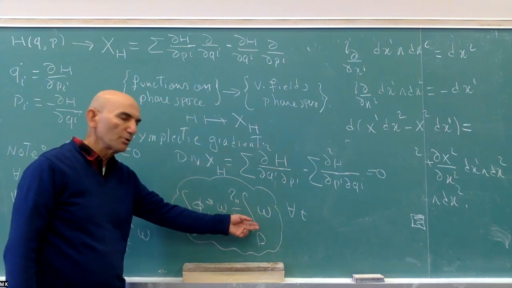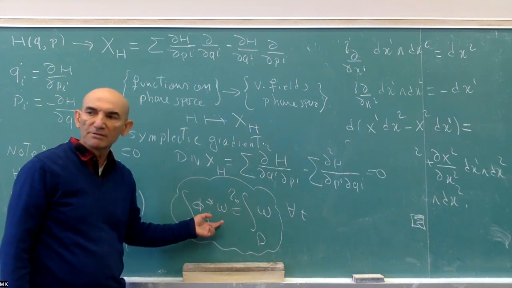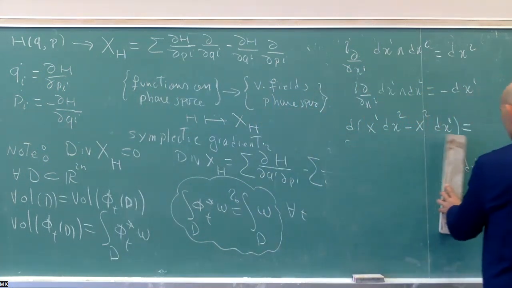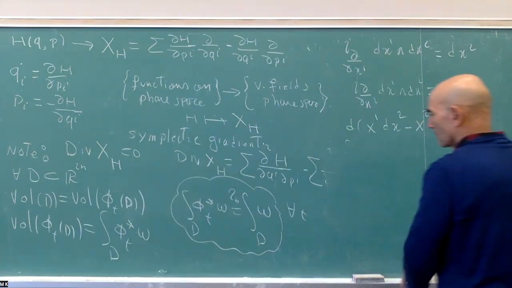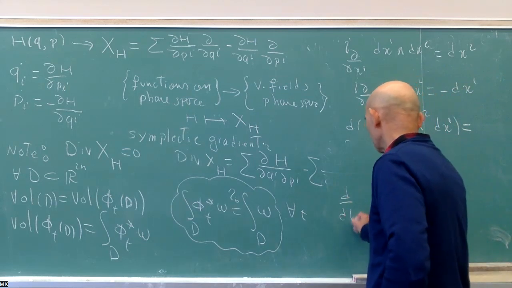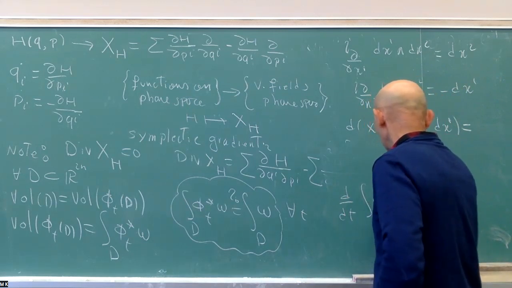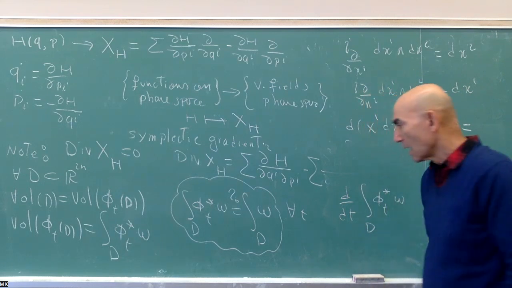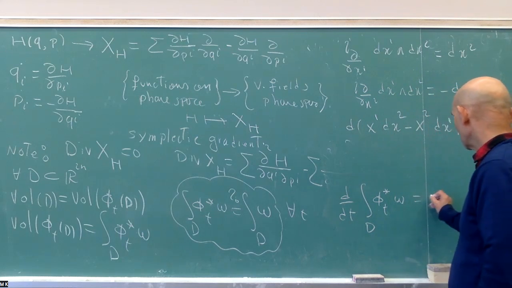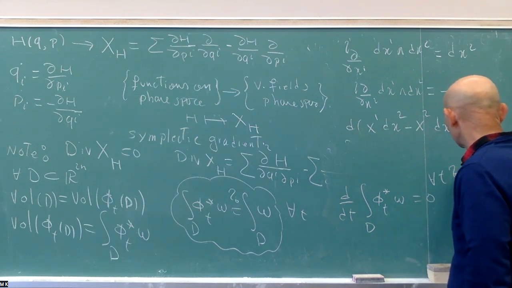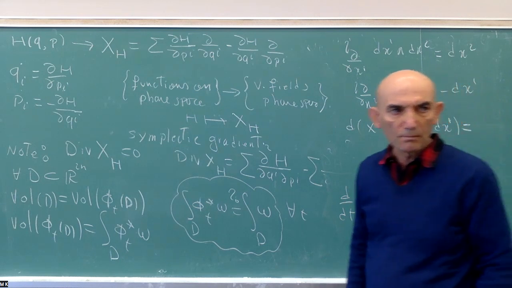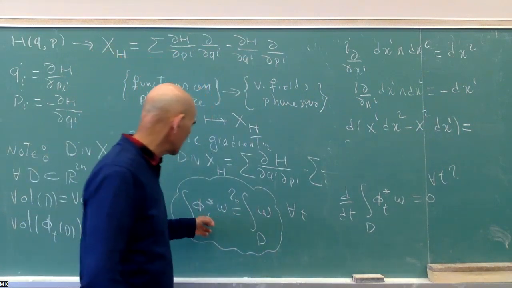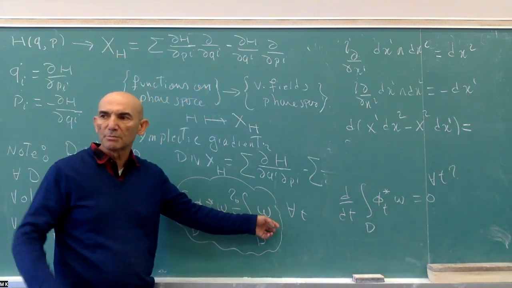So if I want to show that it's equal to a constant, I better show that its derivative is zero. So we can look at its derivative then: d/dt of the integral of phi_t star of omega over D, is it equal to zero for all t? Because if it is equal to 0, it means that it's a constant, and the value of the constant, of course, at t equal to 0, is this. So it means that it's always that.